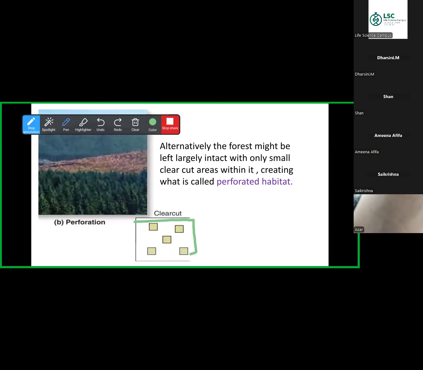In this case, this is the total forest. This white portion represents the forest area, and these square boxes represent damaged area. Is it clear?